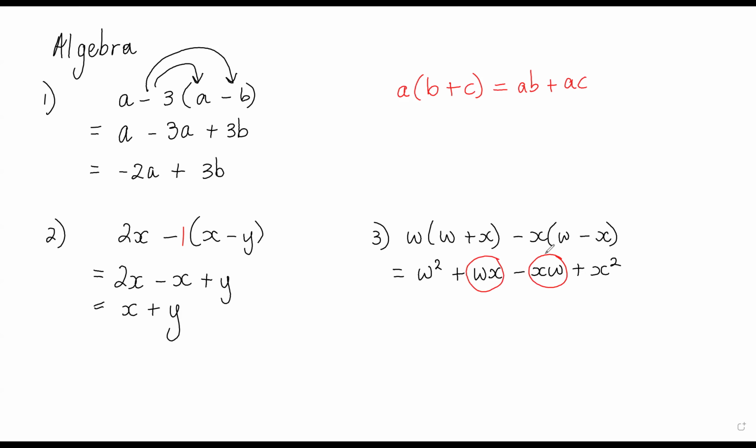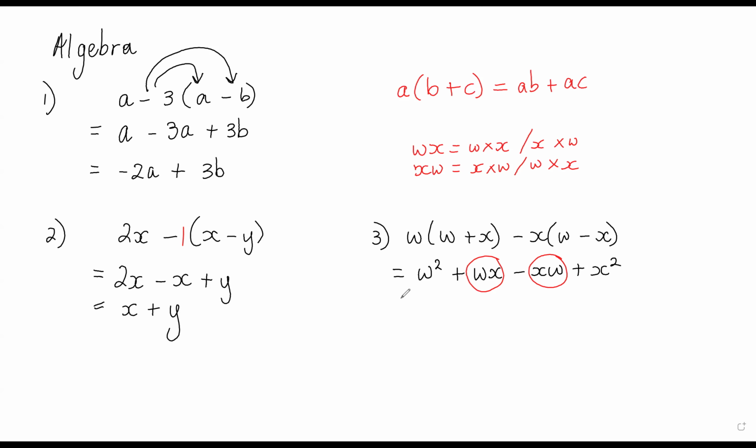Now, girls, this WX and XW is the same thing, right? Because WX literally means W times X or X times W, and XW literally means X times W or W times X. It's the same thing, right? WX is the same as XW.